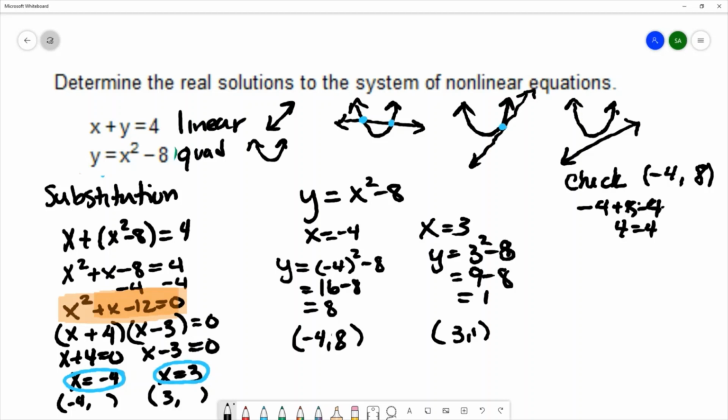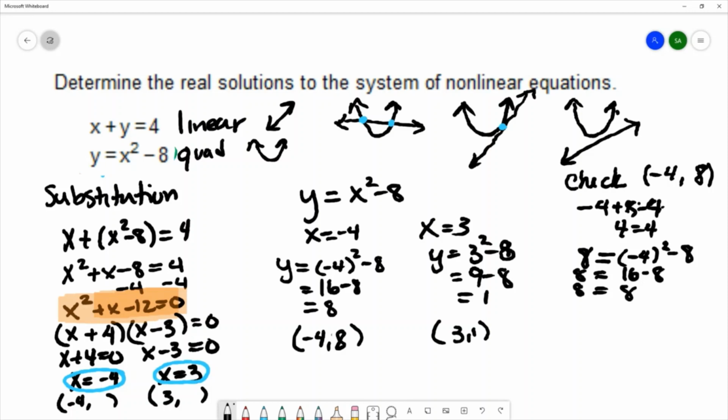In the second equation, we have y equals x squared minus 8. That's 8 equals -4 squared minus 8. 16 minus 8 is 8. So that's another true statement.